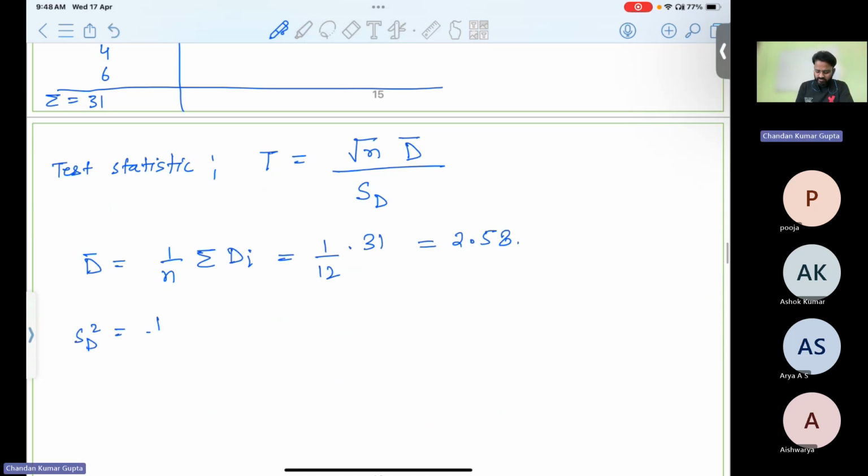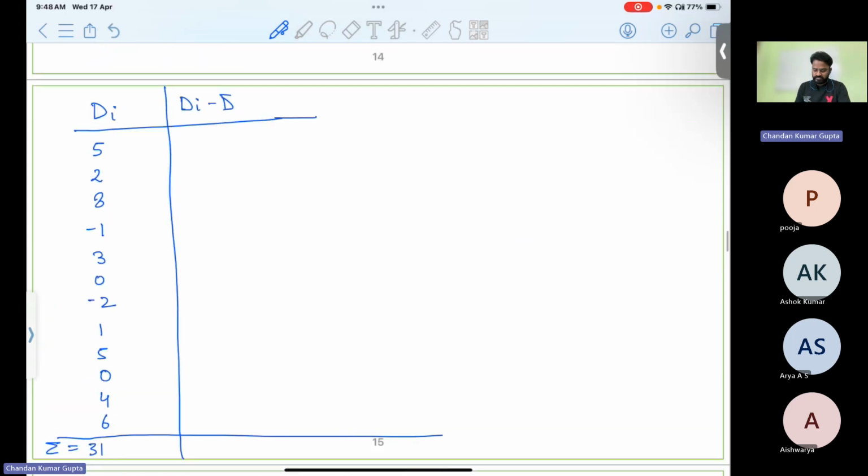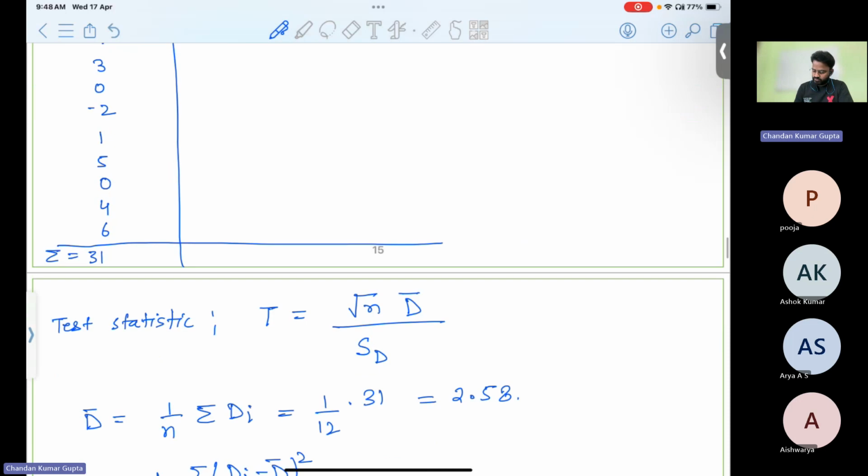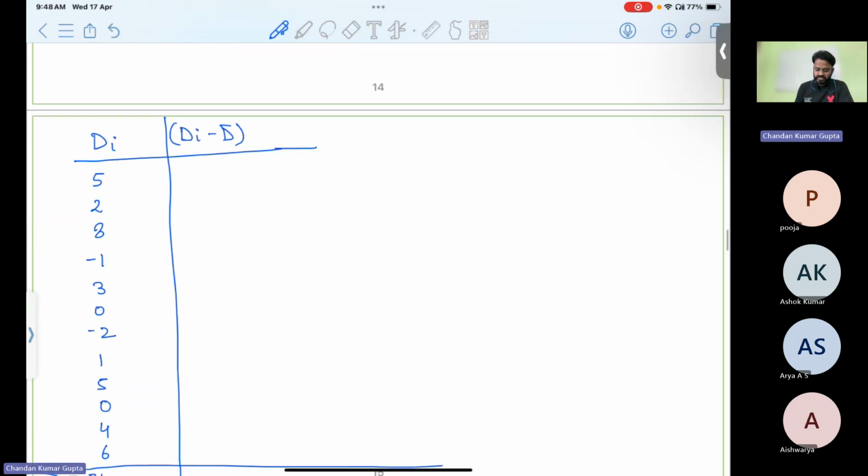So SD square is again 1 upon n minus 1 summation of di minus d bar whole square. So we need to calculate di minus d bar whole square. So it is di minus 2.58. Let me write it quickly.